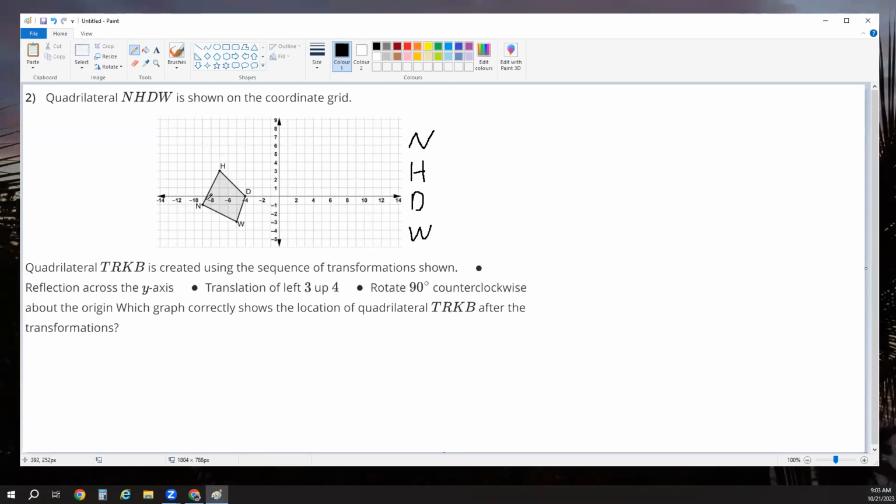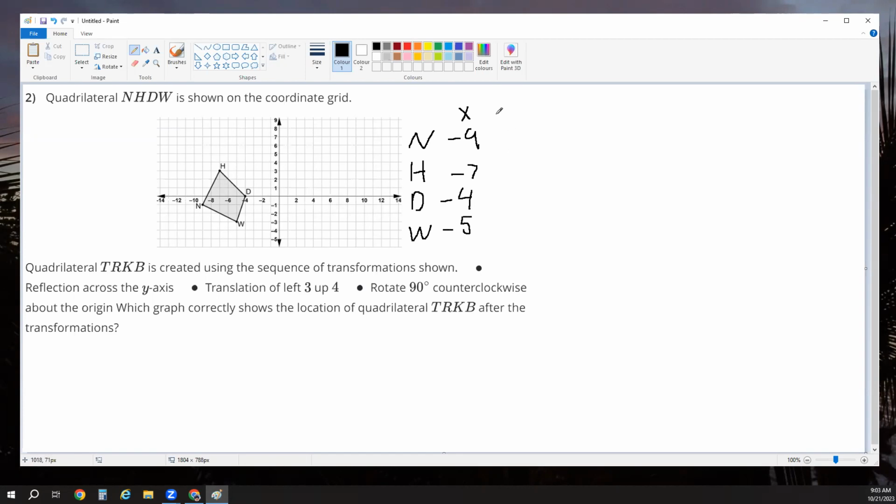My N coordinate is -9 for the x. My H is -7. My D is -4. And my W is -5.